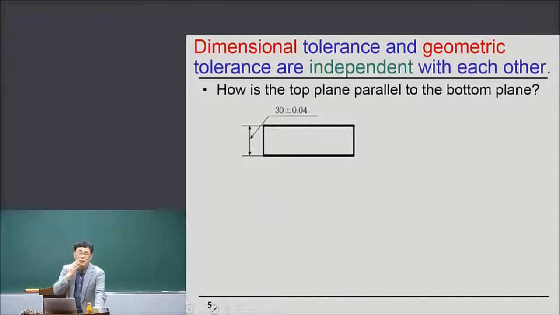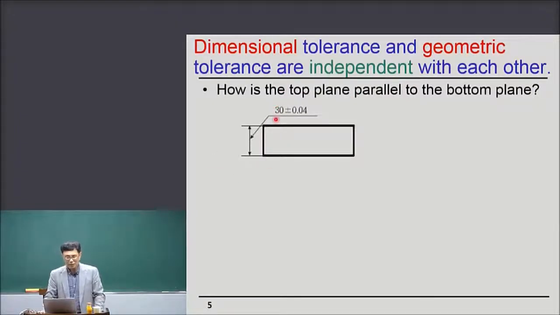But before I explain the details of geometric tolerance, you have to understand that dimensional tolerance and geometric tolerance are independent of each other.